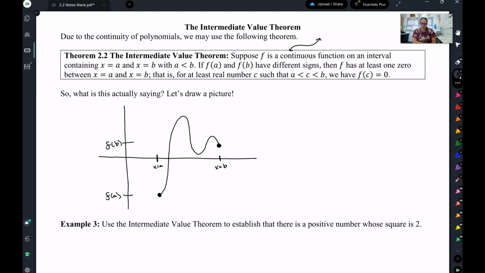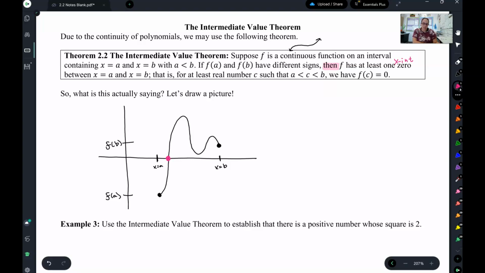So here we have a is less than b, f of a and f of b have different signs, and it says then we know that this graph f has at least one zero, aka one x-intercept, between a and b. And we can see this is true. We came right here, there's our x-intercept.